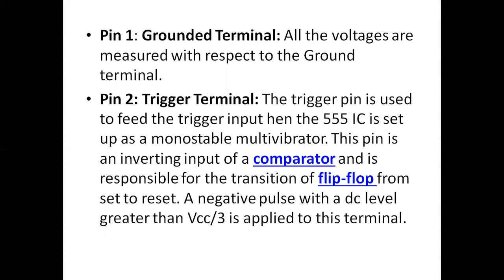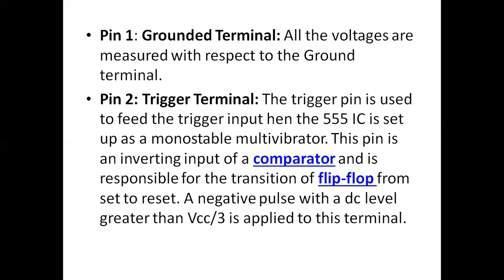And second one is the trigger terminal. So normally IC 555 uses internally two comparators and a voltage divider also. Normally the voltage divider consists of three equal resistances. Due to that voltage divider, the voltage of the non-inverting terminal of comparator 2 is fixed at VCC by 3.